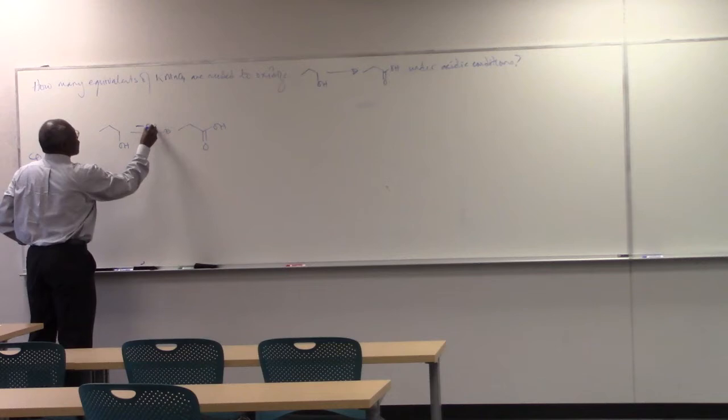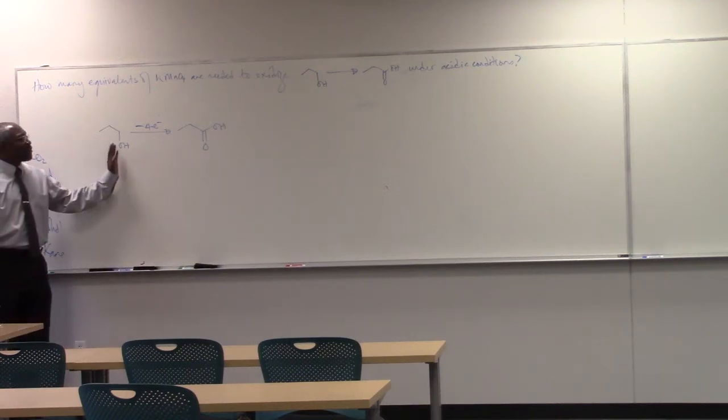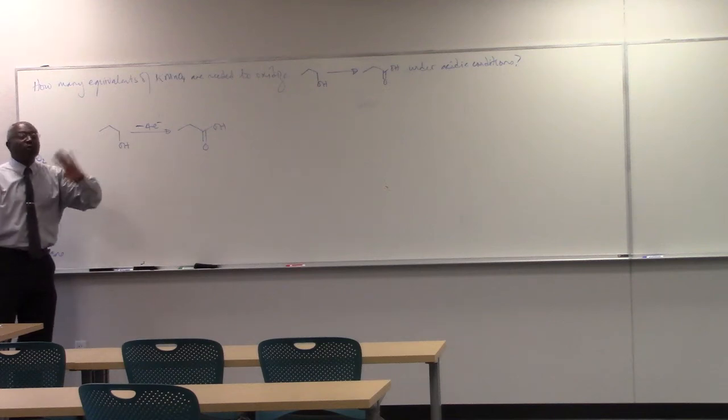Remember, as we toggle between levels, it's a 2 electron process. Here we're going from alcohol, 2 electrons to aldehyde, 2 electrons to acid, that's 4 electrons. What's happening, so this alcohol is going to be losing 4 electrons per molecule.